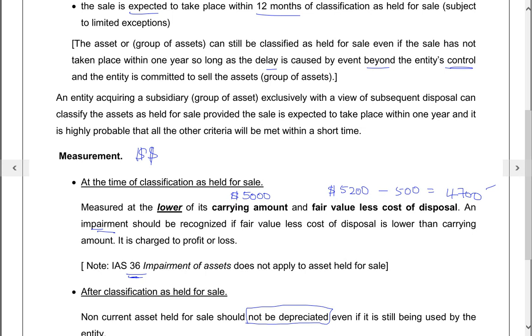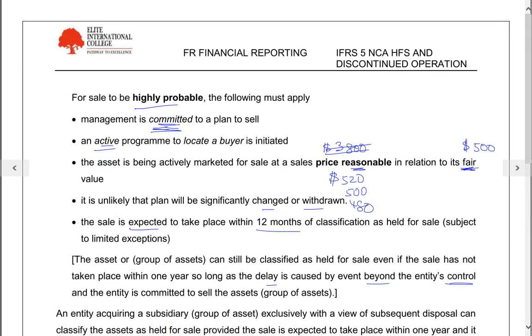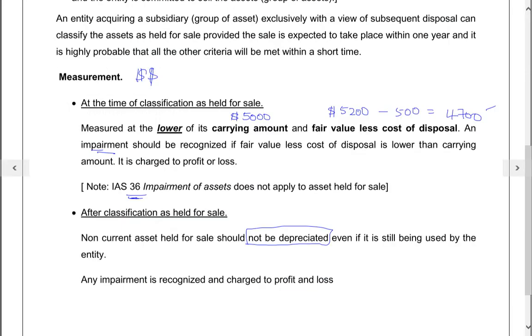Understand? IFRS 5 is this one. The value when we meet the condition, we compare 5,000 and 47, and we take 47, so we have to impair. This impairment is based on which standard? IFRS 5, not IAS 36.